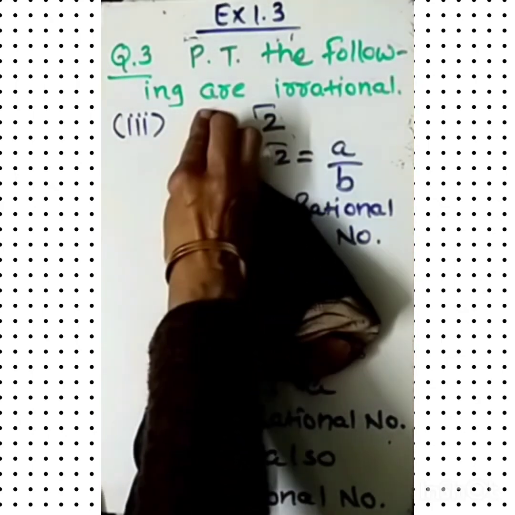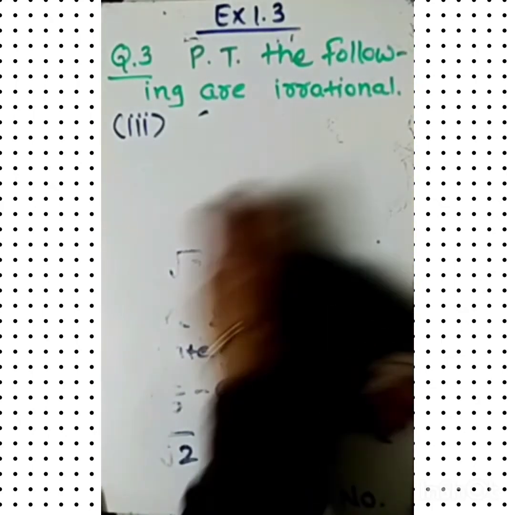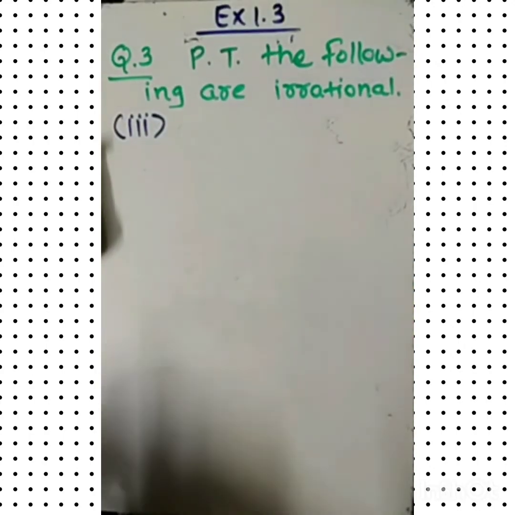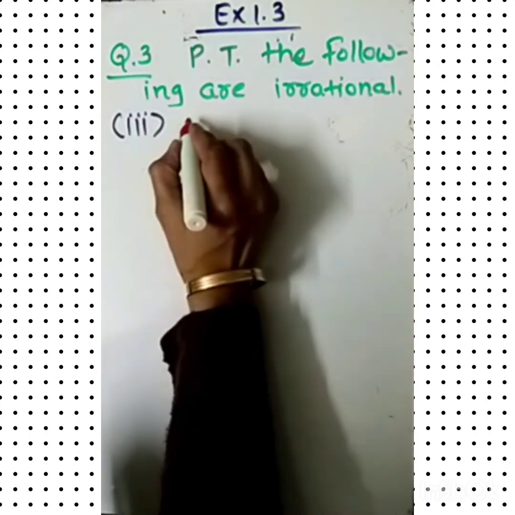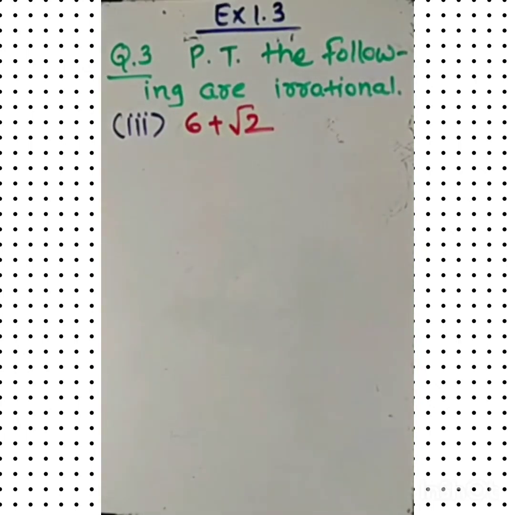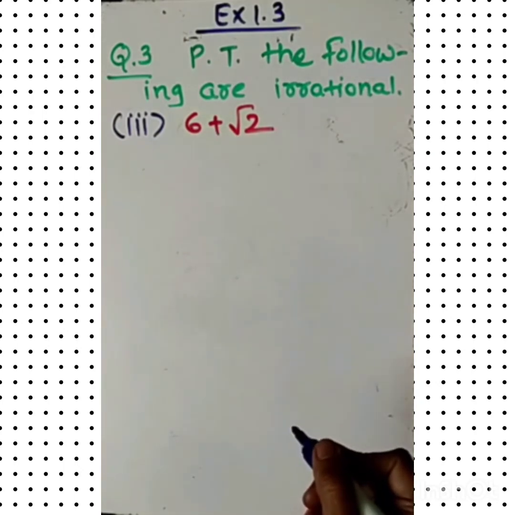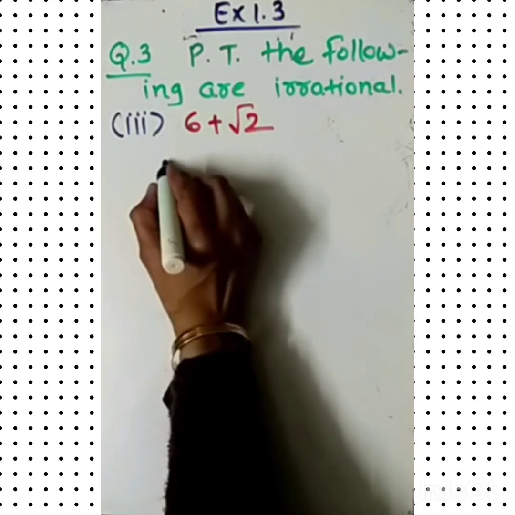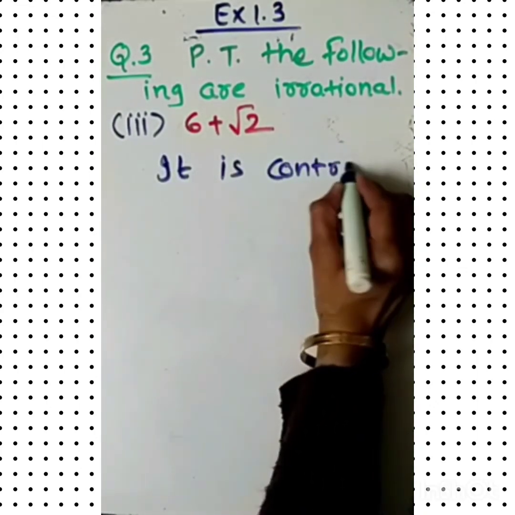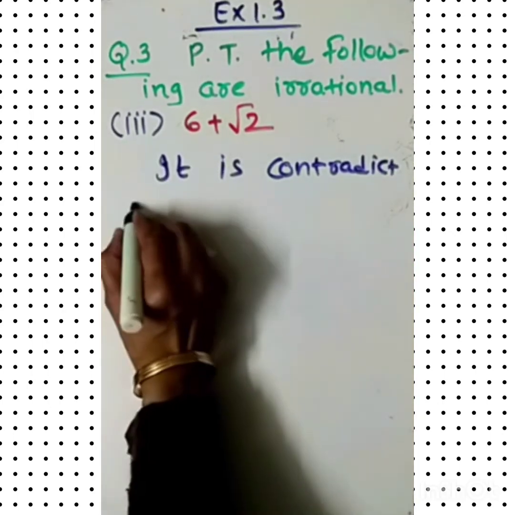Now, the next step we know. What should we write for the same? 6 plus root 2. I am mentioning here 6 plus root 2. If it is a rational number, then let me complete it. So it contradicts our assumption.